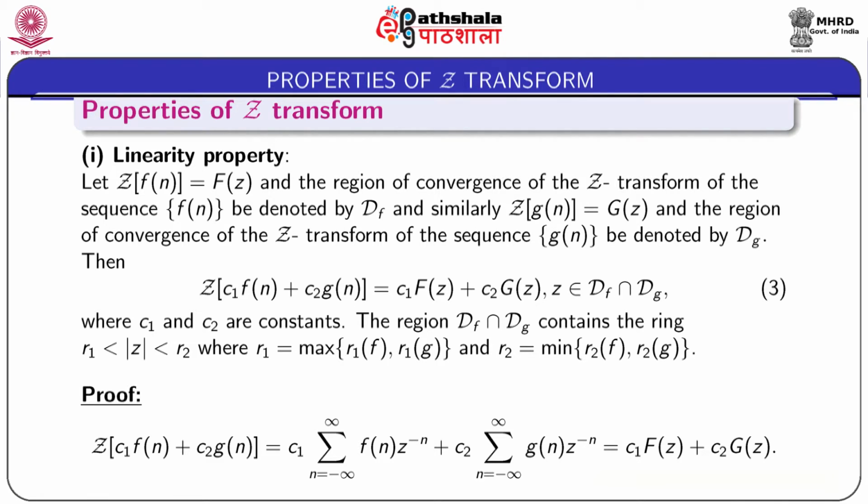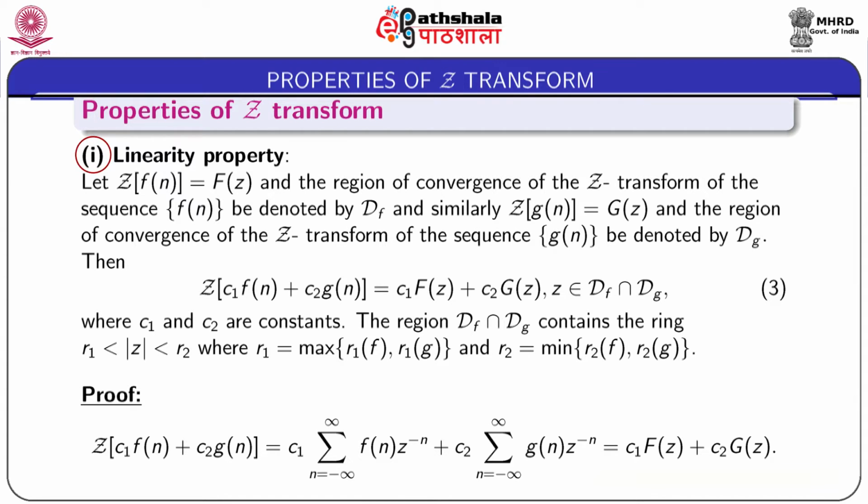So far we have learnt about Z transform, and we have found out Z transform of certain functions. Now we shall learn about the properties of Z transform. First property is linearity property.